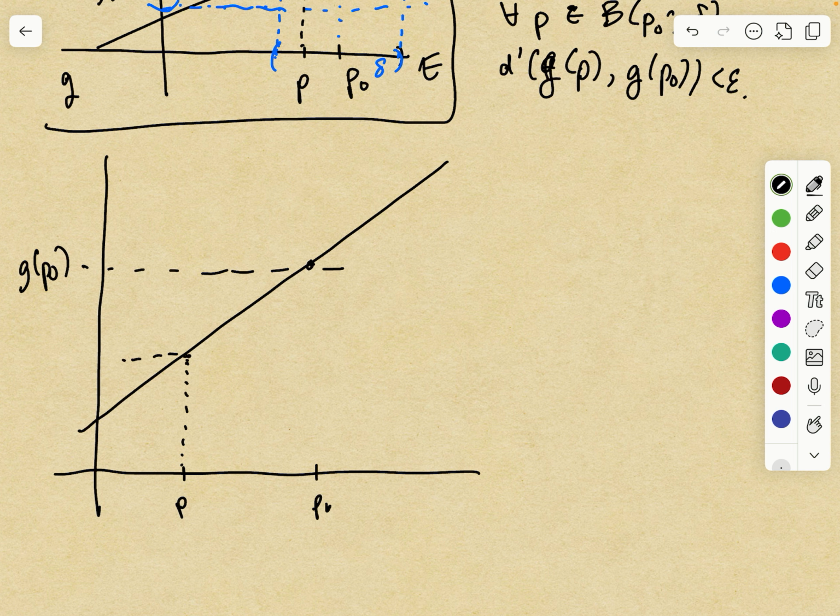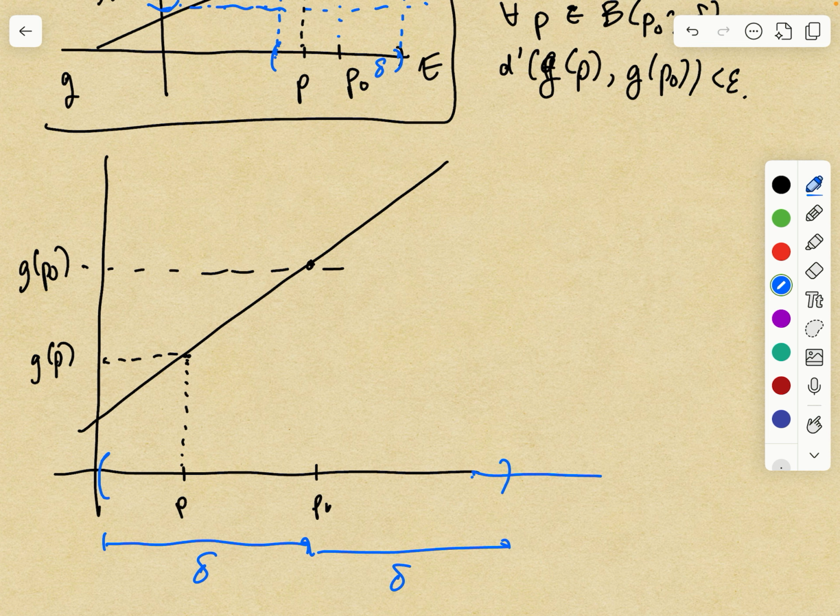So now I have this g of p. Right? p is my arbitrary element within delta of p naught. So maybe this distance is delta, and that distance is delta. So I know the distance between g of p and g of p naught is less than epsilon.